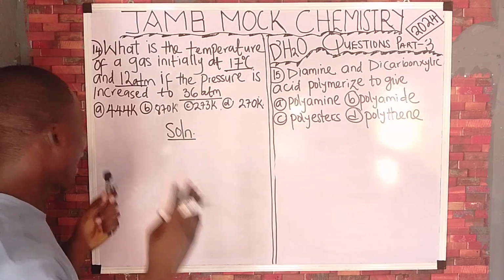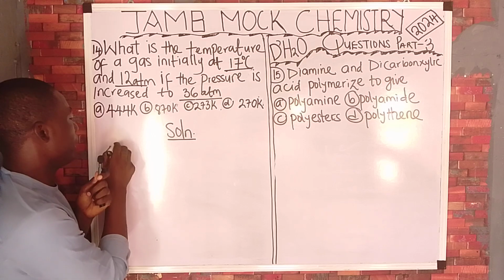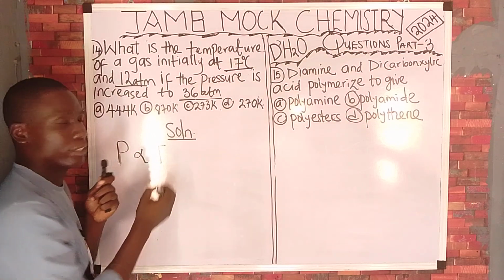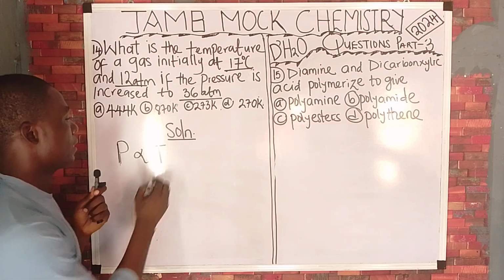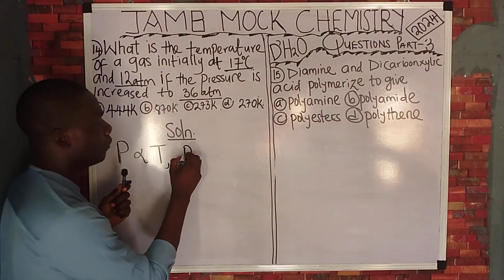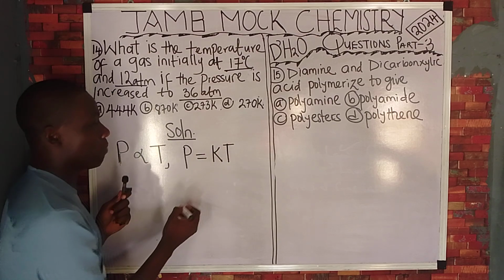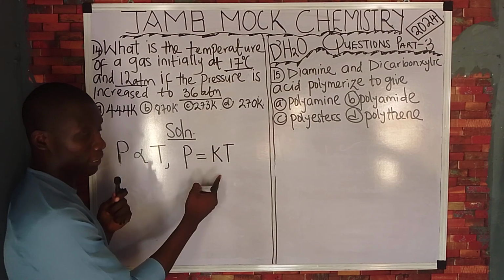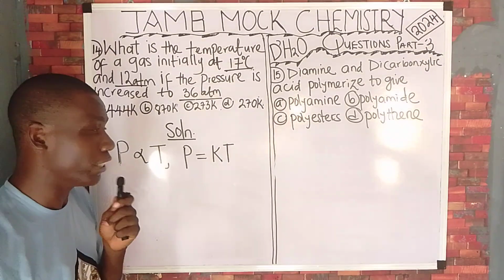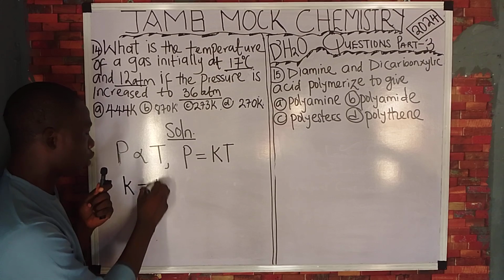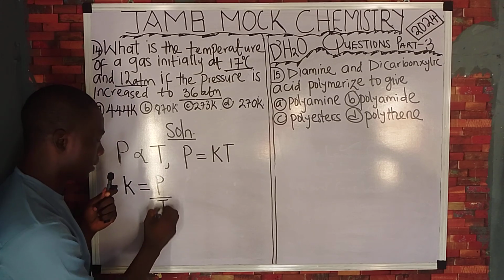So pressure is directly proportional to the absolute temperature in Kelvin, which gives us P equals K times T. If you divide both sides by T to make K the subject, you will have K equals P over T.